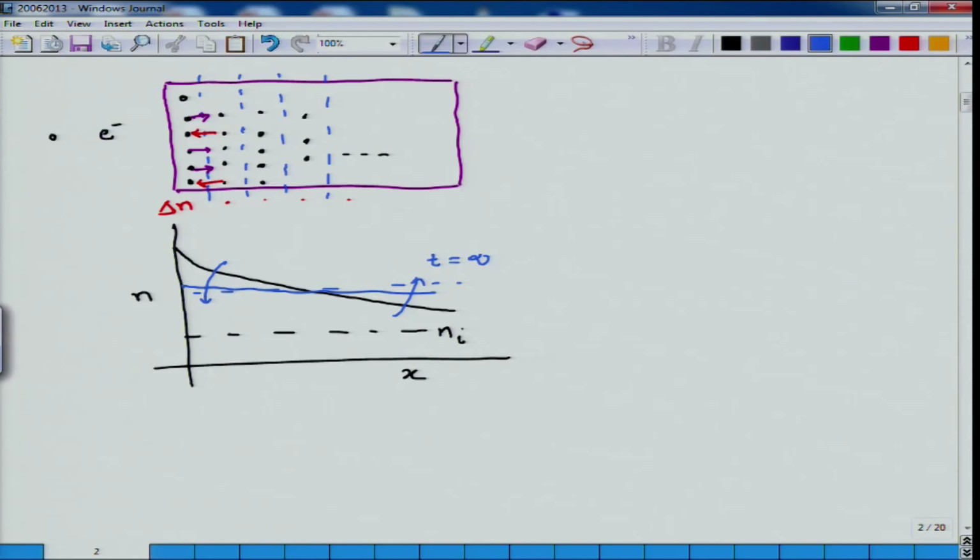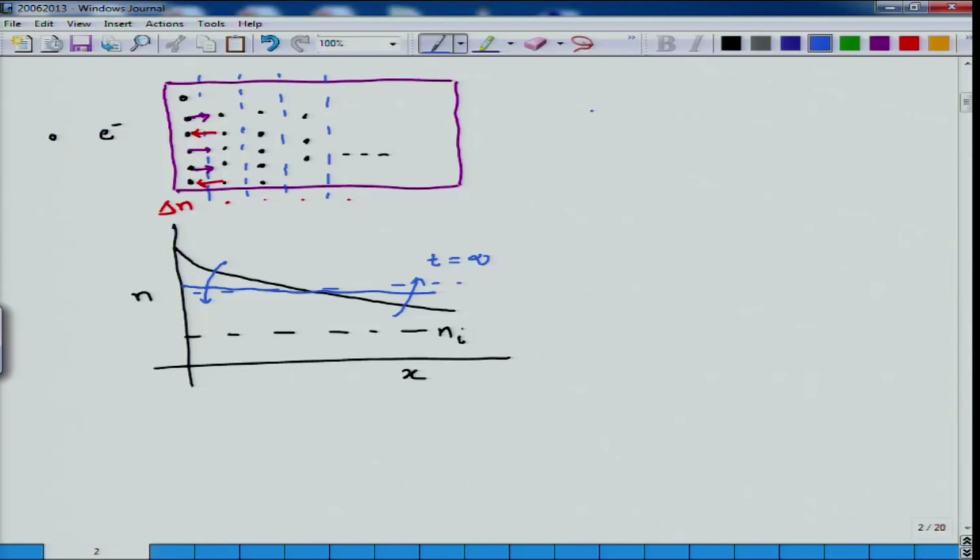So, this is the reason for the diffusion process, and we have this in most materials, because the device structures or material itself have a non-uniform carrier concentration. Now, in this particular case, since the carriers are charged, diffusion also leads to a current.